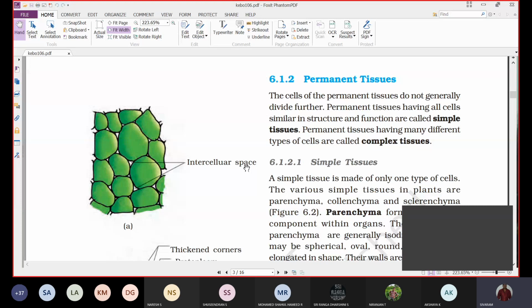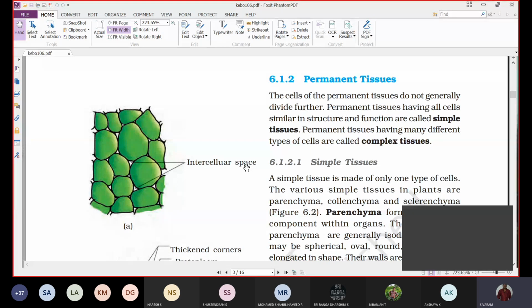All those cells together we are calling a permanent tissue. The cells of permanent tissue do not generally divide further. So the cells which have lost the ability to divide will form the permanent tissues.